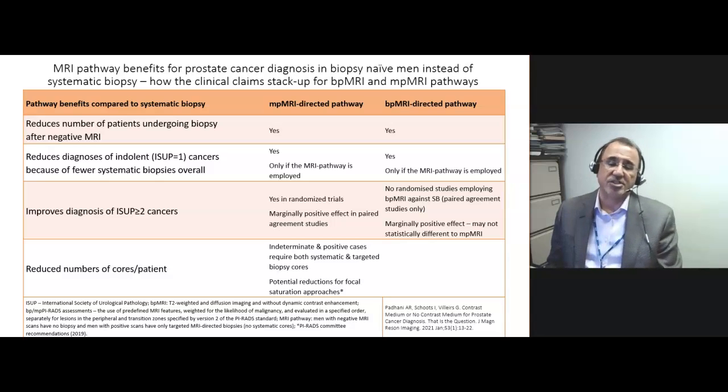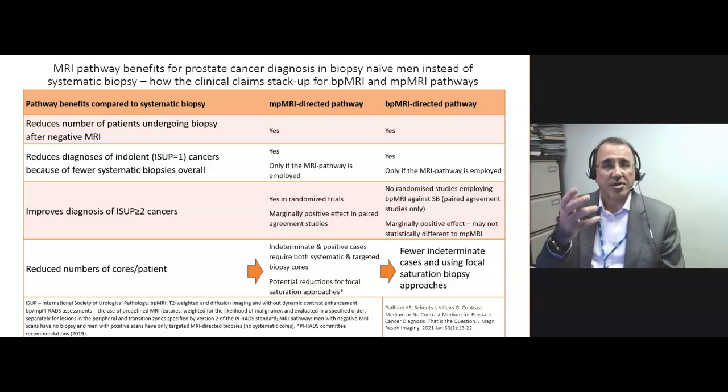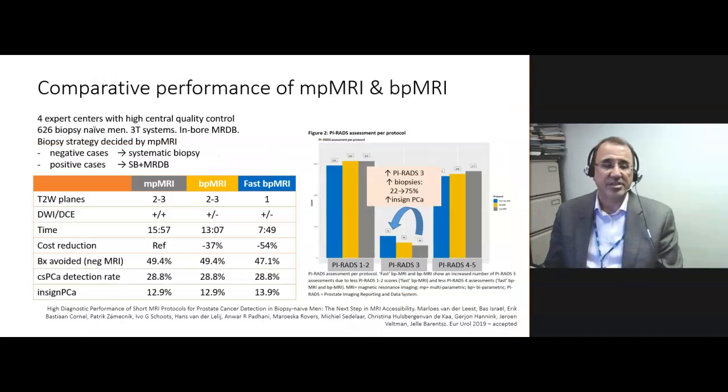The other question is, does it reduce the number of cores per patient? We know that if you apply the multiparametric directed approach, that you can reduce the number of cores per patient. If you increase the number of indeterminate cases using a biparametric approach, then your number of biopsies within the PIRADS 3 category will, of course, increase.